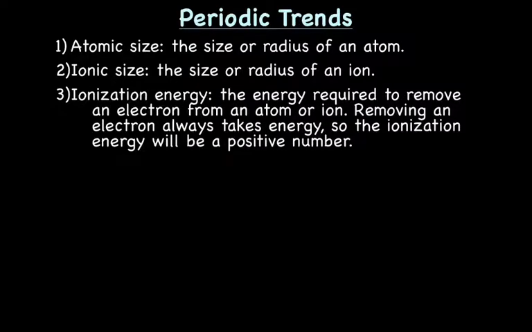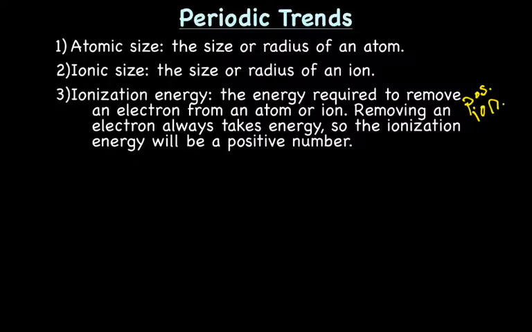And we have ionization energy. Ionization energy is the energy required to remove an electron from an atom or ion. It's the amount of energy to make a positive ion or a cation. Okay? And removing an electron always is going to take energy.